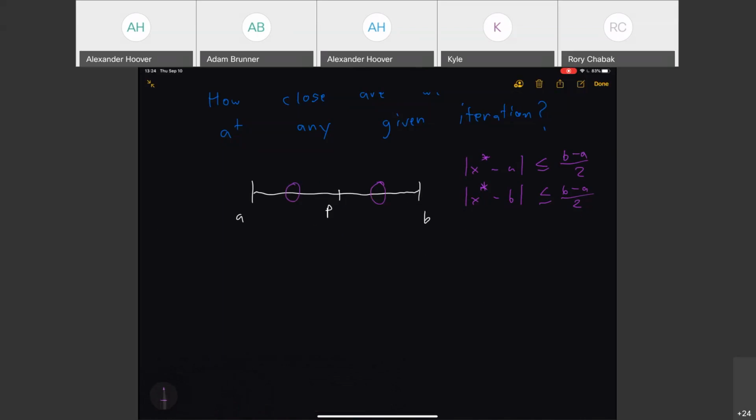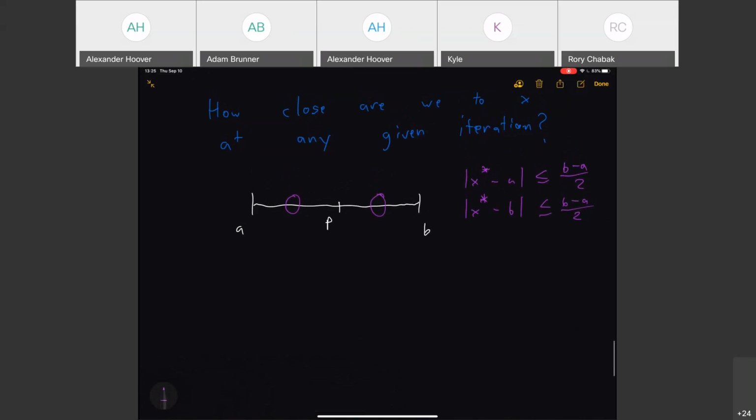It could be either there or there, depending on which side is the interval that we keep for the bisection method. By the way, if I'm talking about p, we can think of this as some sort of iteration, because it is. We can say that x_n is equal to some p from the nth iteration.